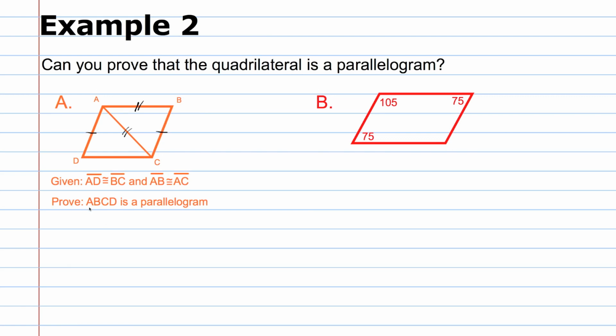Can we prove that quadrilateral ABCD is a parallelogram? Well, with what's given here, we cannot prove that this is a parallelogram, and for the given information, since it's talking about sides, we would have to have opposite sides congruent for this to be a parallelogram. So since we don't have all the information about opposite sides, we cannot determine that this quadrilateral is a parallelogram.